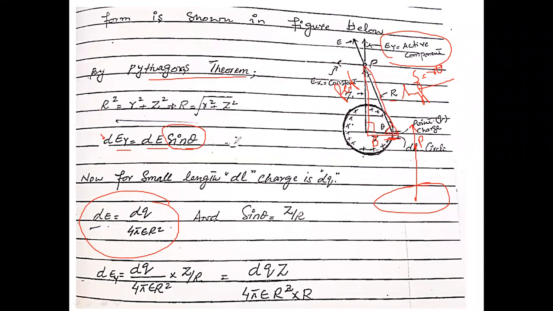And sine theta is perpendicular by hypotenuse, so perpendicular is z and hypotenuse is capital R. So sine theta is equal to z over R. Putting these values, we get dE_y is equal to dq over 4 pi epsilon R square into z by R. This is equal to dq z divided by 4 pi epsilon R, and this R square becomes R cube.